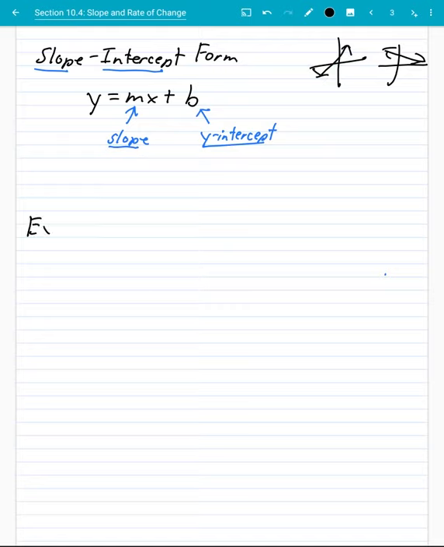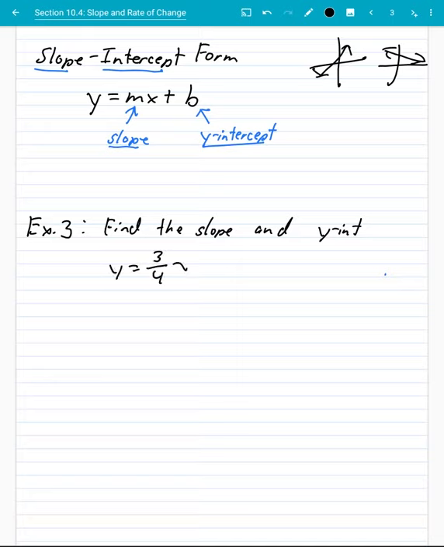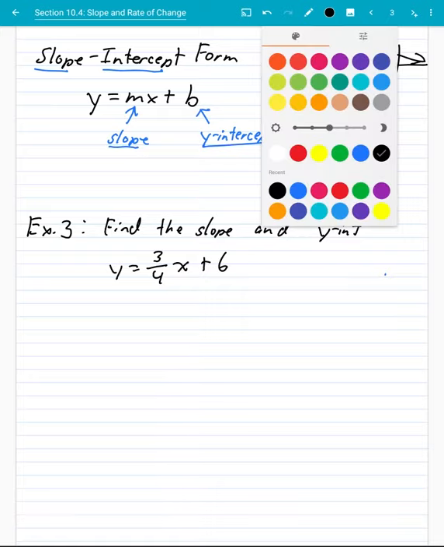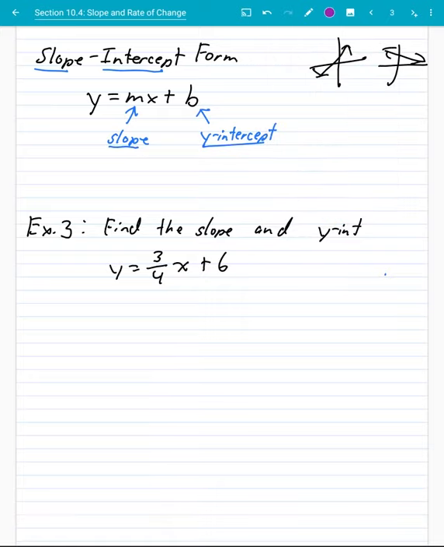So for example 3. It says, find the slope and y-intercept of the equation. The equation is going to be y equals 3 over 4x plus 6. So what we do is we use our given equation, and if it's already in this form right here, we can identify certain parts.